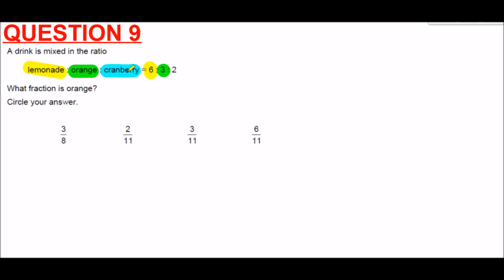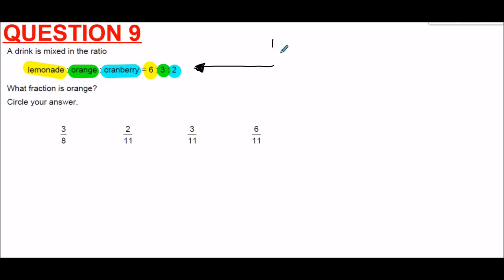Cranberry is 2 parts. The order of the things I mentioned in the question is the same as the order the numbers appear in the ratio. And so the drink is the total of parts, because the parts are mixed together to make the drink.